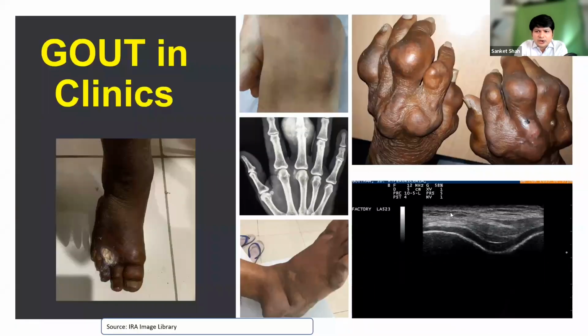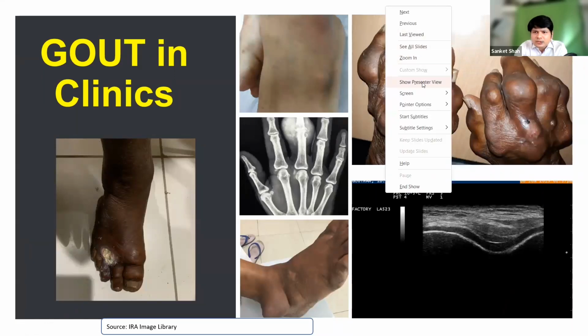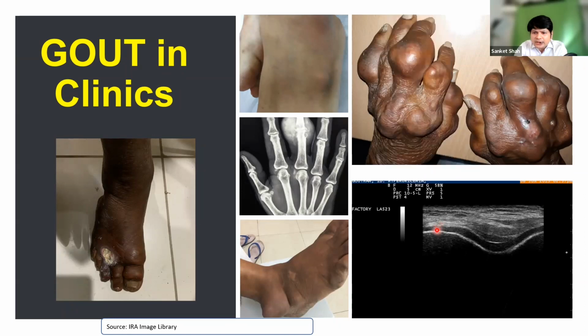See, this is the bone surface, where we have kept the USG probe. This is your skin, then there is subcutaneous tissue, and then the muscular planes.